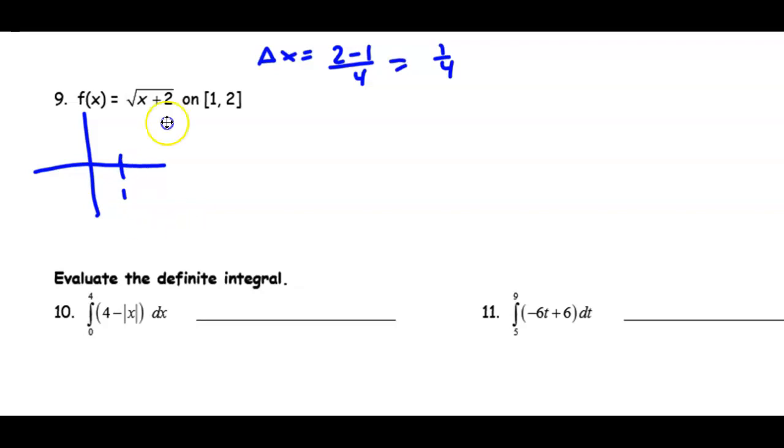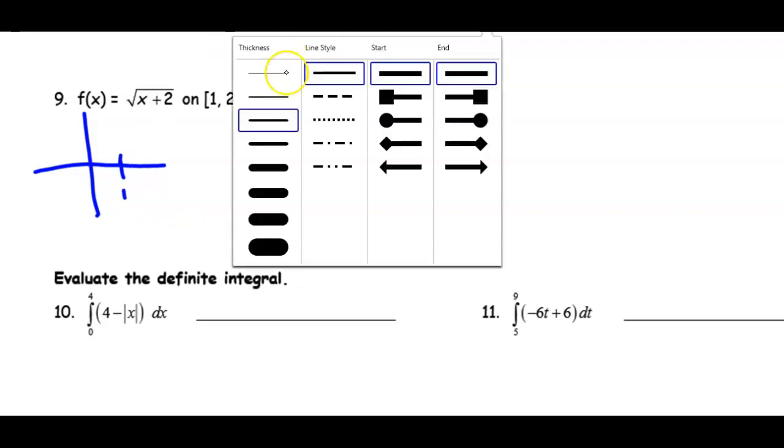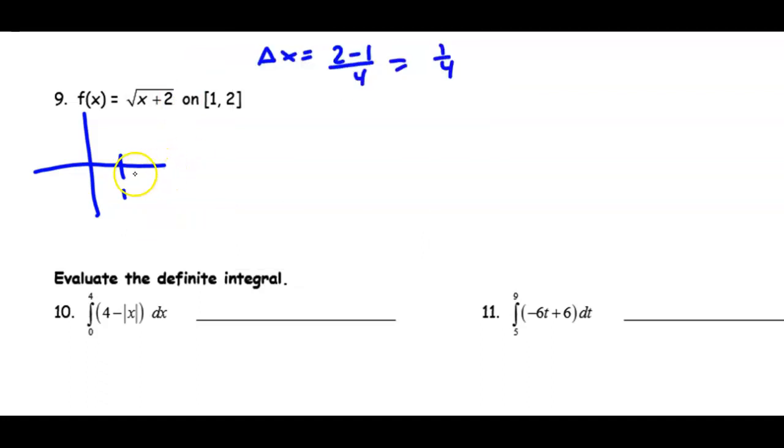So that's 5/4. Here, let me do this. So 5/4. All right, and then plus 1/4 is going to be 3/2.